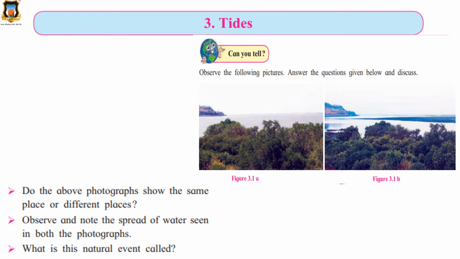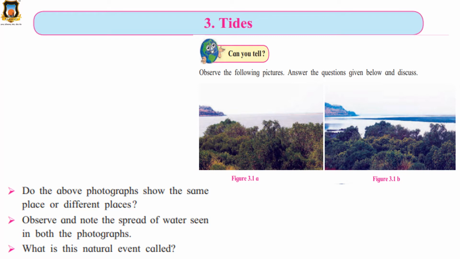Now please answer the question. Do the above photographs show the same place or different places? Just see the photographs very properly and tell me, are both the photographs same or different?